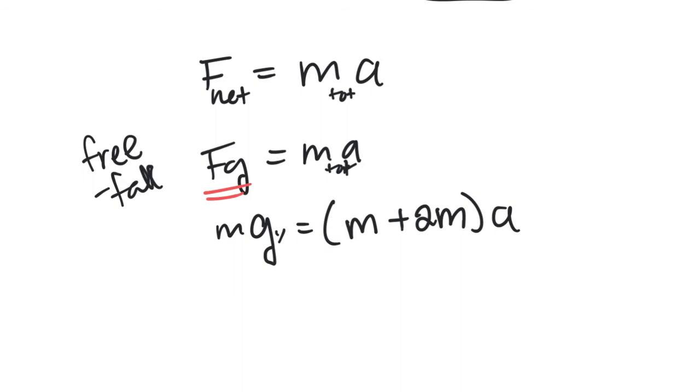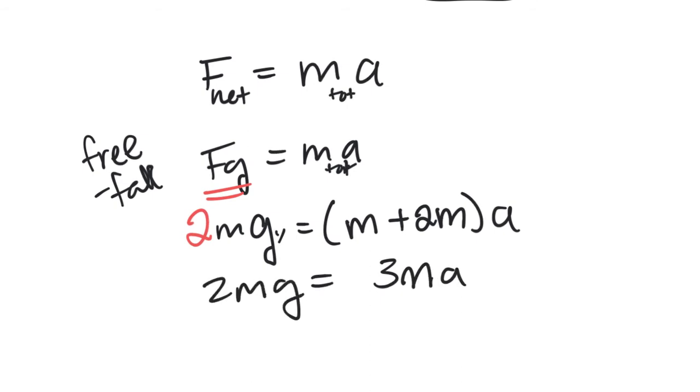So let's backtrack to force of gravity. For y, the mass is actually 2m, not m. So 2mg is equal to 3m times acceleration.